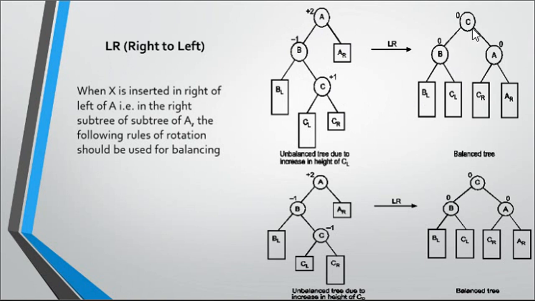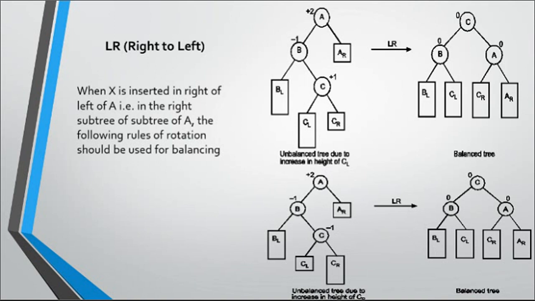So we are balancing it by making C the root, then B at left, A as right, and we are attaching others as per their conditions. So this is again the same way. If CR is imbalanced, then we are making LR rotation, and after rotation we are making C the root, B at left and A at right.